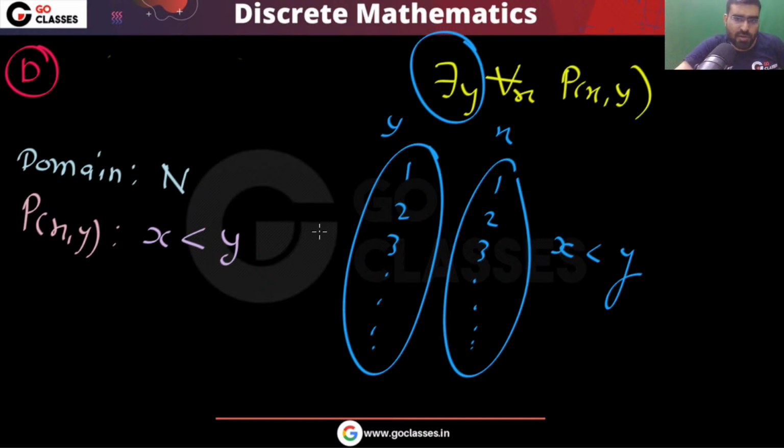Means some natural number which is greater than every natural number. Tell me, is there some natural number which is greater than every natural number?